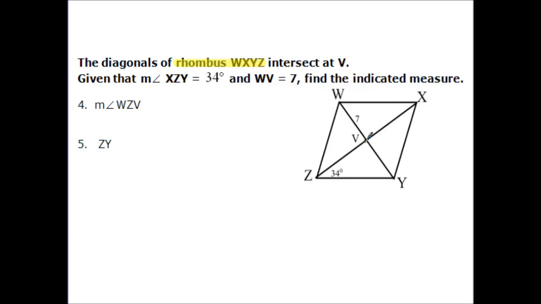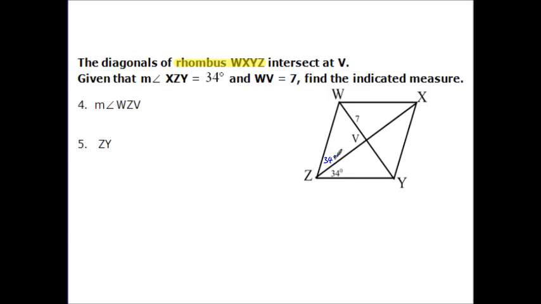So given that this is a rhombus, we know that the diagonals bisect the angles. So if this diagonal bisects this angle and cuts it into two equal pieces, if this half is 34 degrees, that means that this half also has to be 34 degrees.